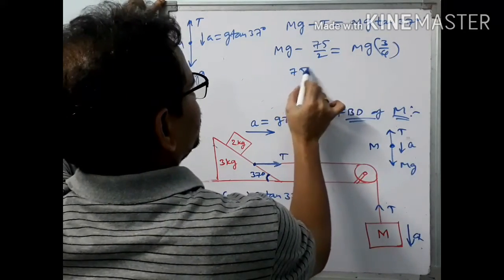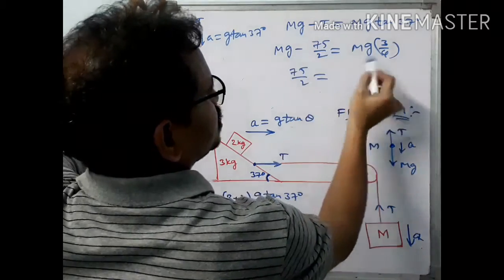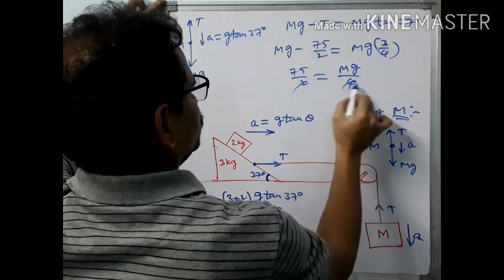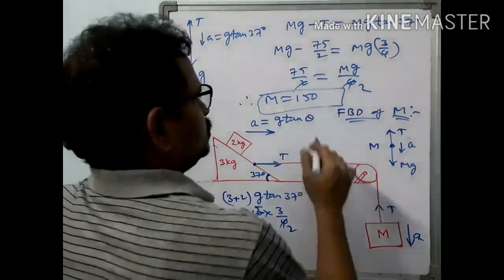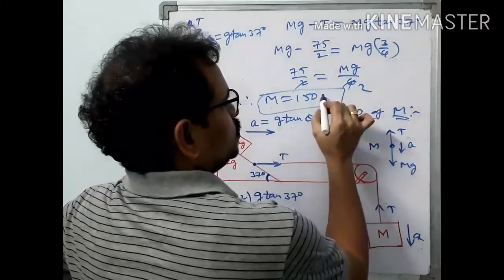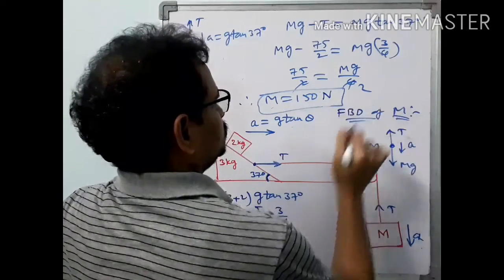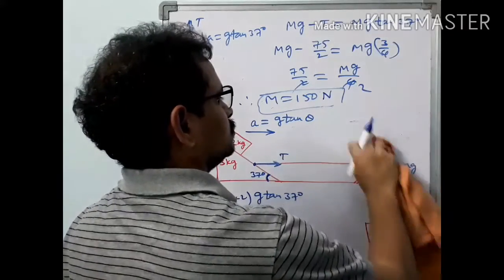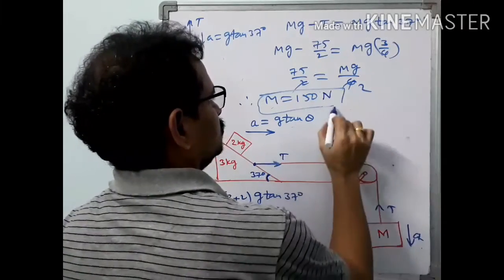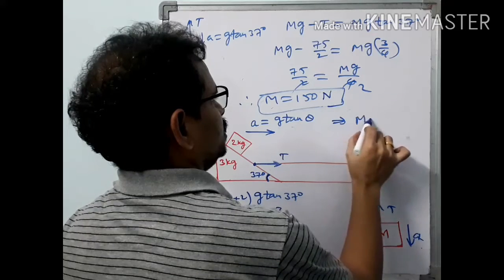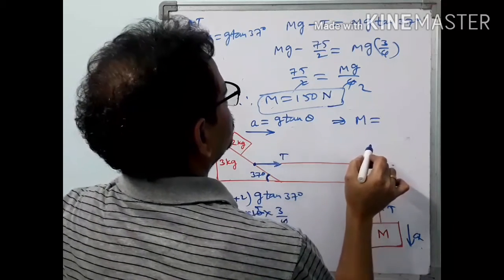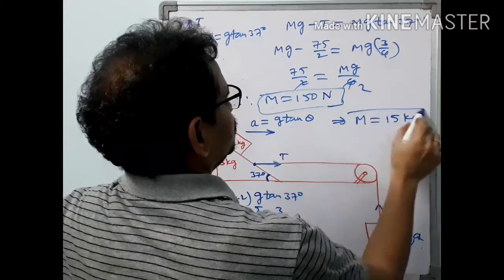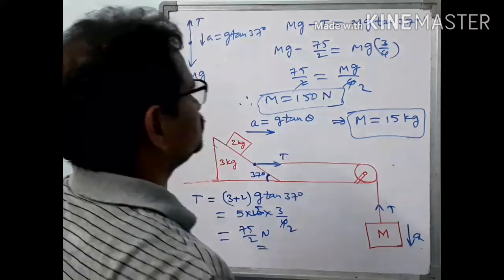So 75 by 2 equals mg minus 3 by 4 mg, which is 1 by 4 mg. So mg equals 150 newtons. That implies m equals 15 kg. So the mass is 15 kg.